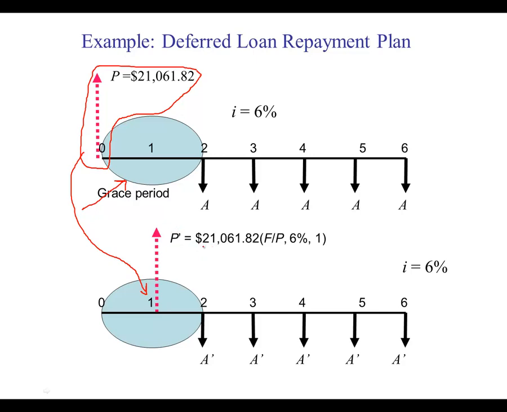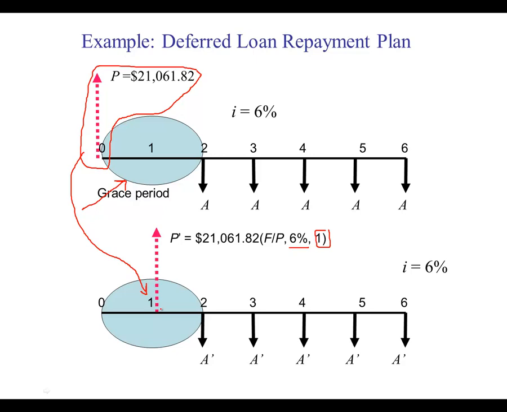It will equal the old principal value multiplied by the compound amount factor over 1 year. So n is equal to 1 year, and we have an interest of 6% over this year. We can find the new P prime or P dash value, and that will be my new principal.